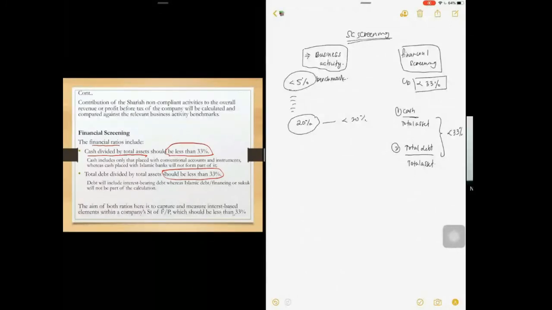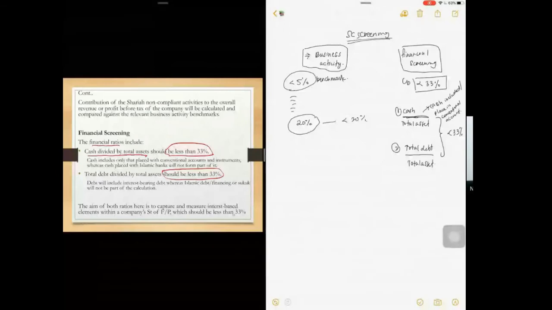Maksudnya cash yang kita calculate ni adalah cash yang placed in conventional account. Tahu? Bukan semua cash dia, tapi cash yang placed in a conventional account sahaja.